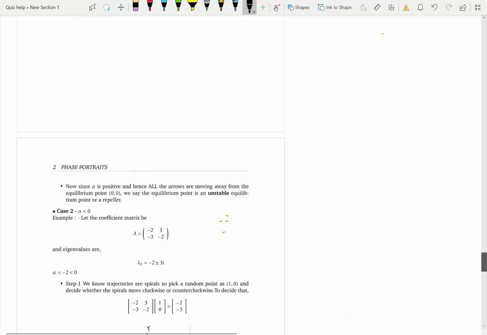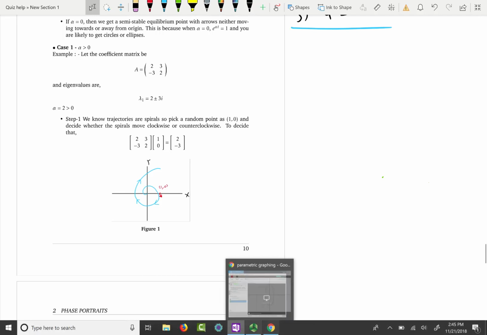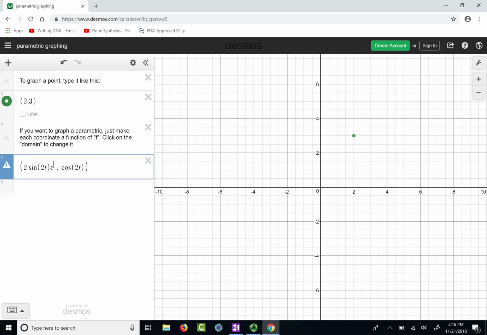Okay, so now let's go on and discuss when alpha is non-zero. When alpha is non-zero, it means either alpha is positive or negative. What happens is that you have exponential terms. So let's multiply them by exponential terms. Multiply this by e to the 2t, since alpha is positive.